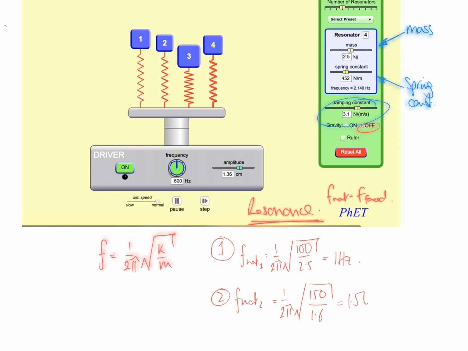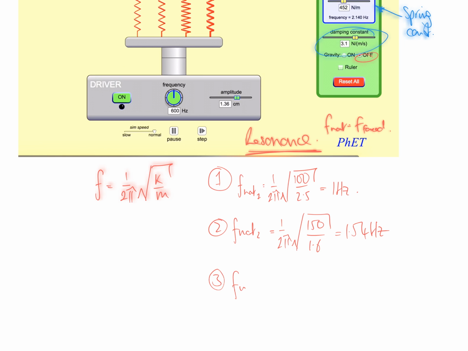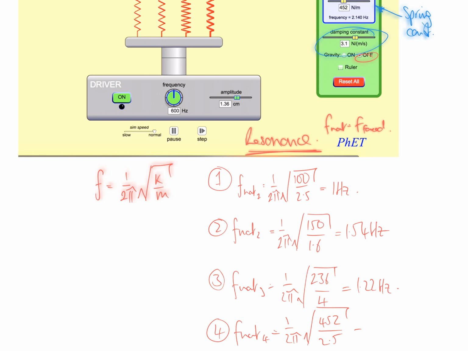That gives me 1.54 hertz. For number 3, f natural 3, 1 over 2 pi, I had 236 as my spring constant, 4 kilograms of mass, and that gives me 1.22 hertz. And finally, for number 4, I had 1 over 2 pi root 452 newton meters spring constant over 2.5 kilograms, giving me 2.14 hertz.